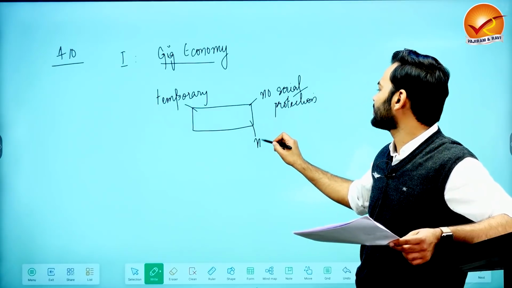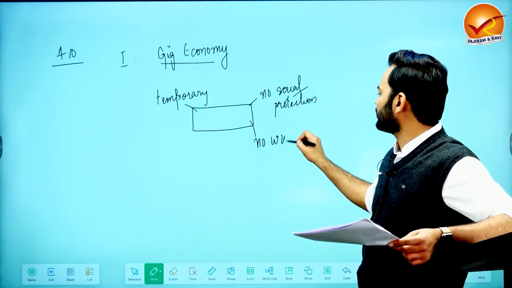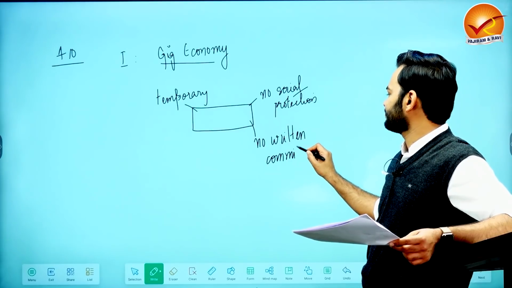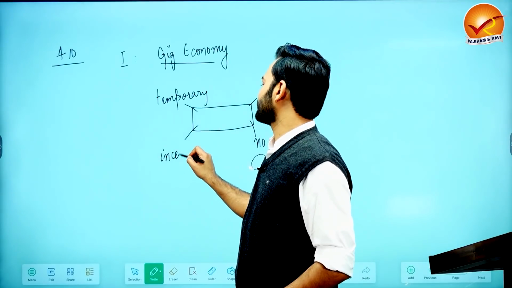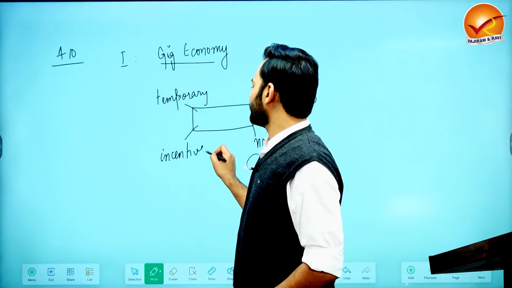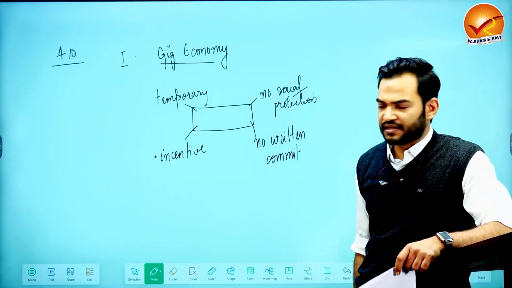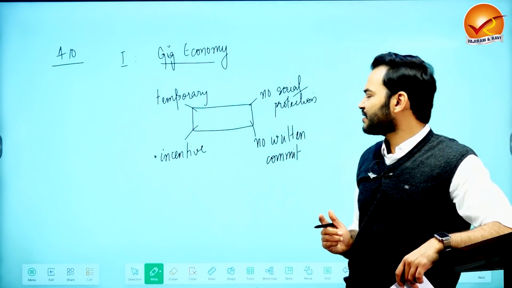Then there is no written commitment on the number of years of service, and the payment is based on incentives. So the more deliveries you do, the more will be your payments. So this is the nature of gig economy. This you can write in the introduction.